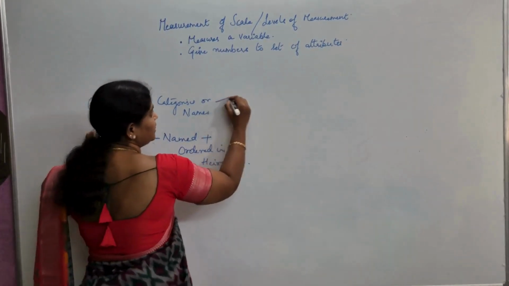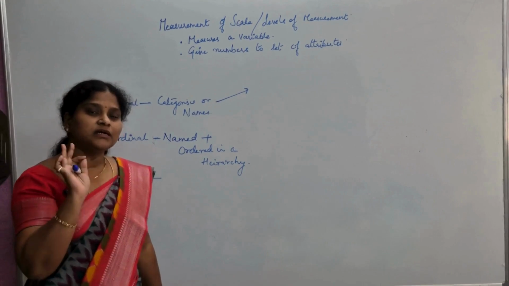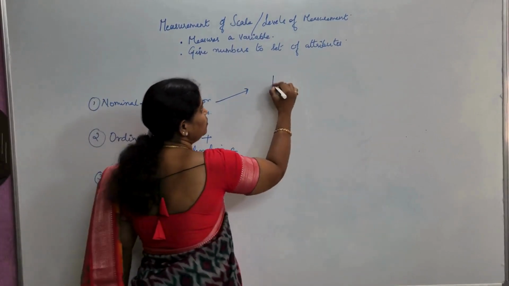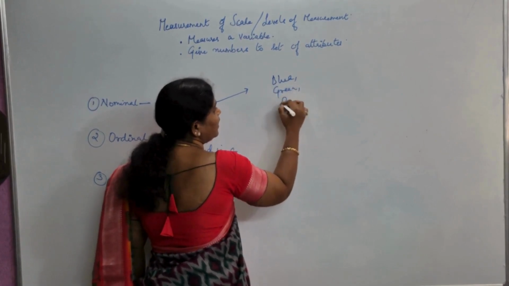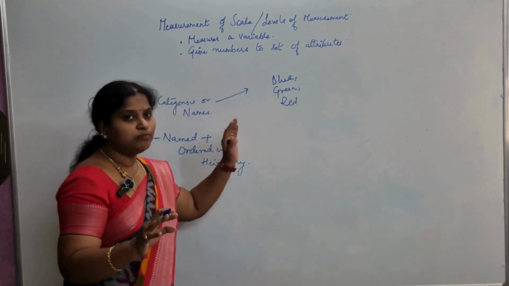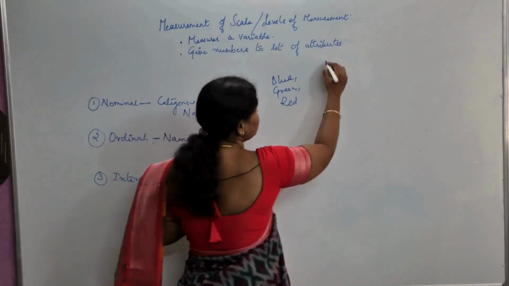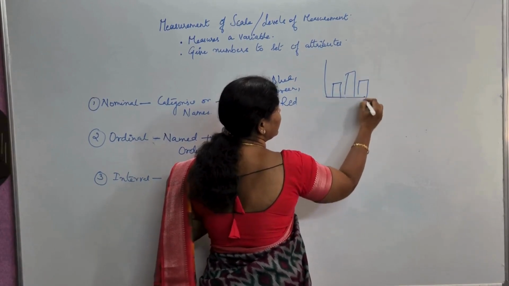In case of nominal data, if my data is simply 3 different colors, blue, green and red, that's it. I have categorized the given data into blue, green and red. So I can draw a bar graph with blue, green and red.